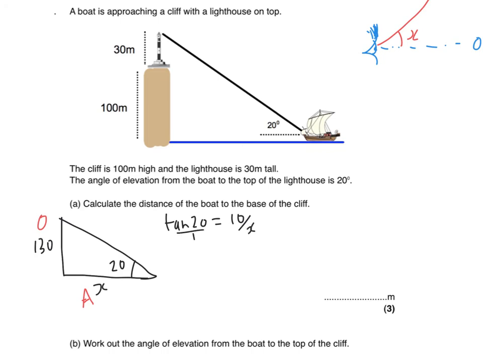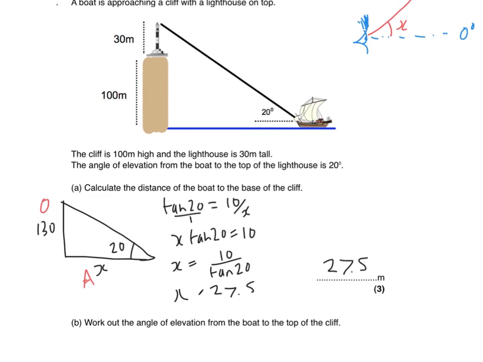You can cross multiply to get x times tan 20 equals 130, and then divide by tan 20 to get that x is 130 divided by tan 20. You may have other ways of doing that. As long as you get 130 divided by tan 20, that's fine. You end up with x being 357.2 to 1 decimal place, 357.2 meters.